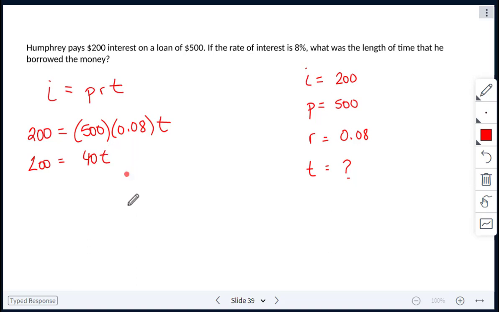And then we have the T. We're just solving for T, so we would divide by 40 on both sides, which gives me my answer that T is equal to 5. So therefore, 5 years, because T is always in years. So the final sentence for the question would be: the length of time that he borrowed the money was 5 years.